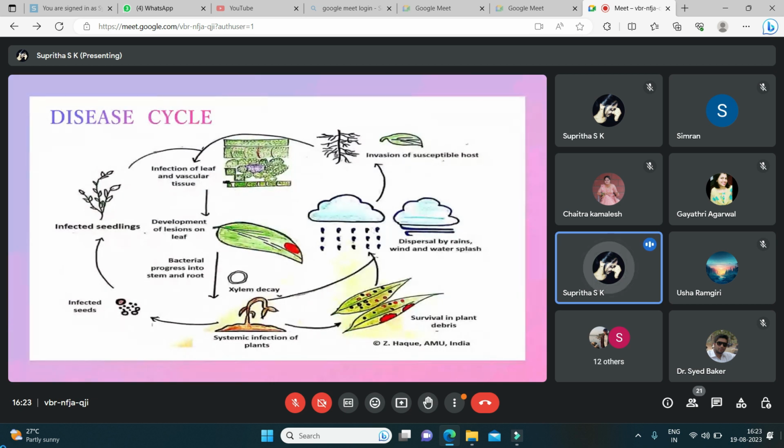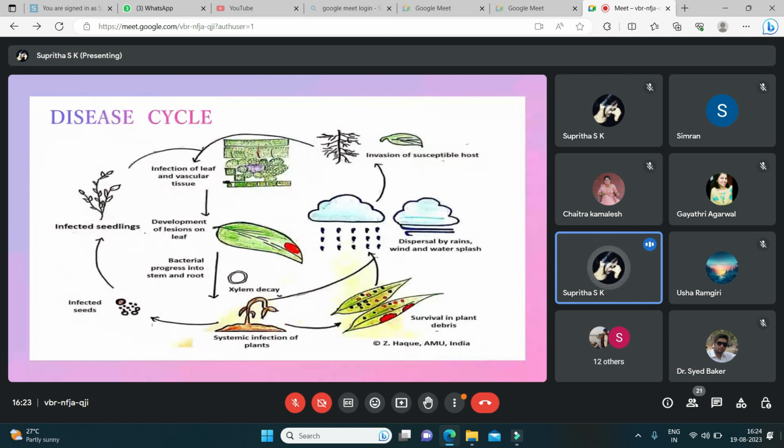If there is any opening in the plants, such as the hydathodes or the stomata on the leaf blades, or any wounds present in any part of the plant, this bacteria will again infect the new plant. This is how this disease occurs. This is the disease cycle.